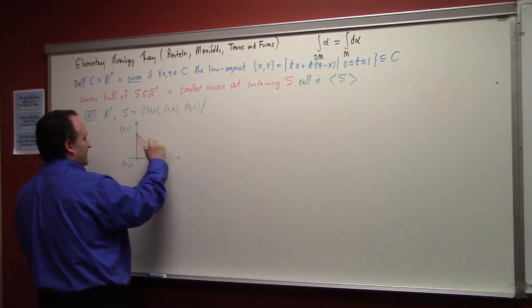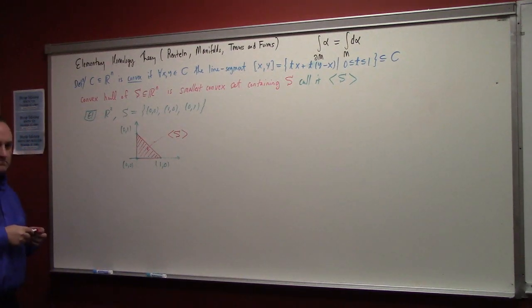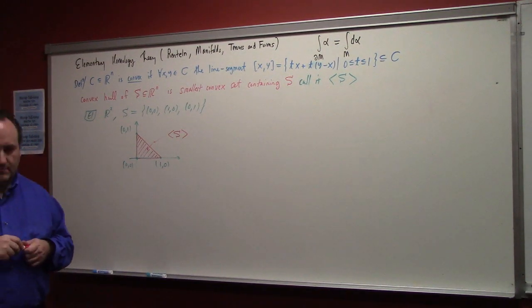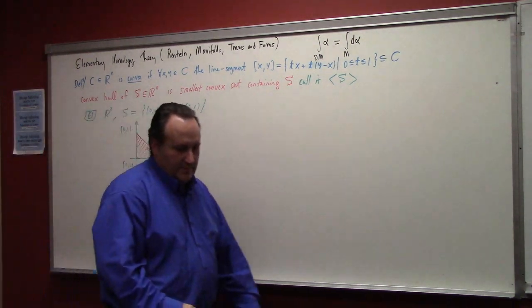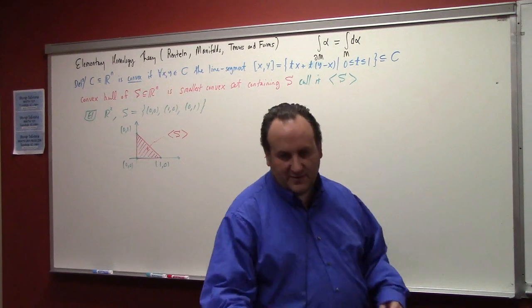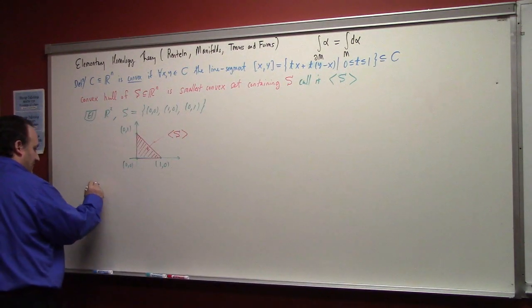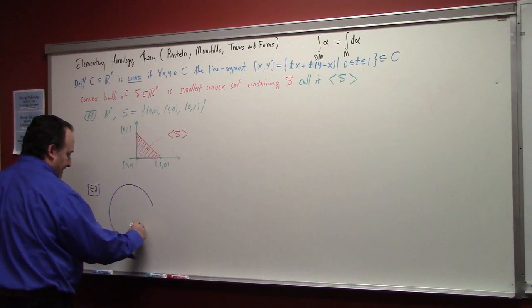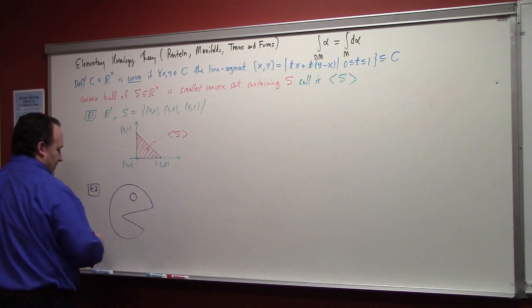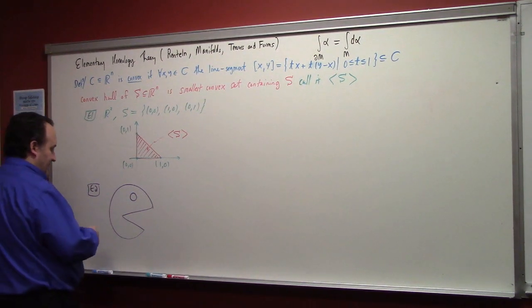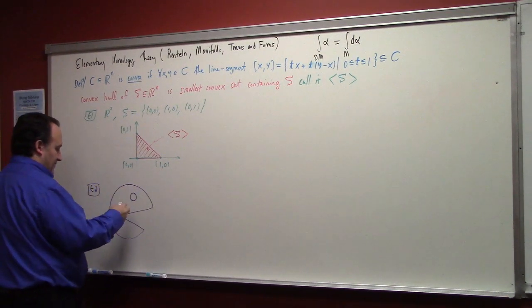This would be the convex hull of S. Of course, you could do things that are more curvy. Maybe somebody gives you a set like this.